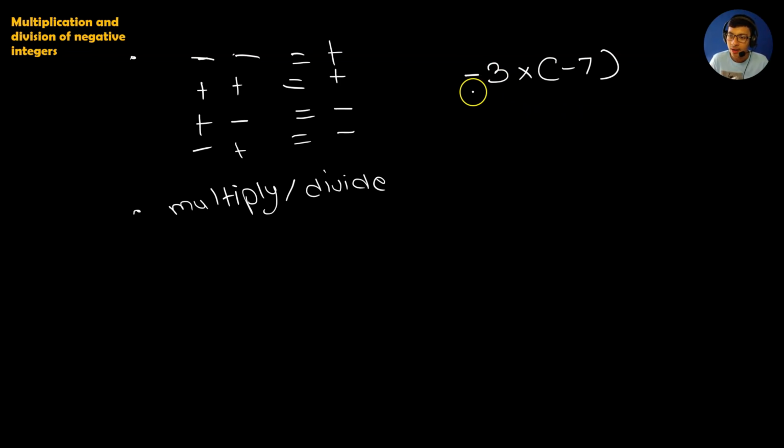They both have a negative, so a negative and a negative equals a positive. For a positive, we don't write anything, and we simply multiply. 7 times 3 equals 21, and so our answer equals positive 21, or 21.